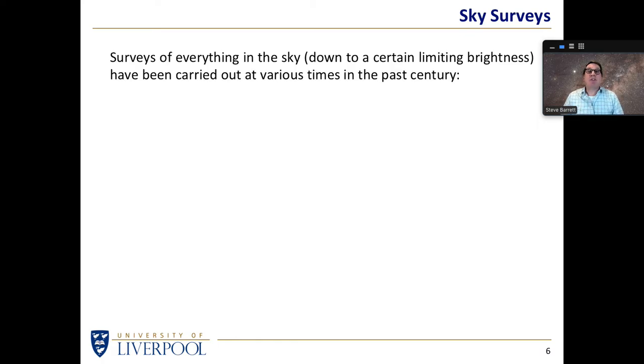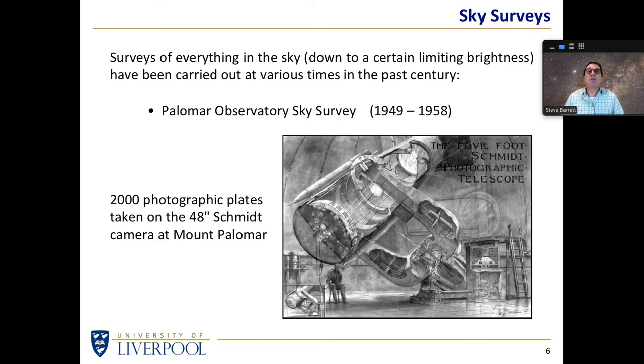So surveys of everything in the sky, and by everything I mean everything that can be seen from a given location down to a certain limiting magnitude, have been carried out a few times over the last 100 years or so. If we go back to the middle of last century, the Palomar Observatory Sky Survey in the 40s and 50s used photographic plates on the Schmidt 48-inch at Palomar Mountain.